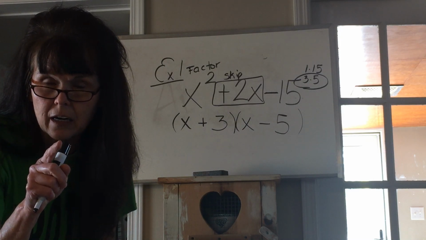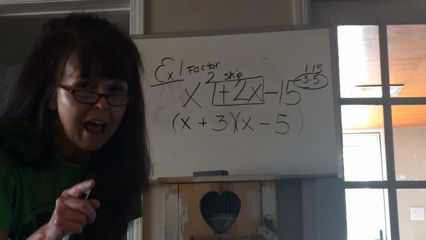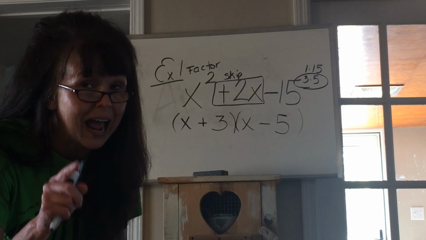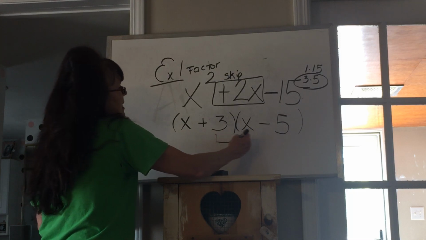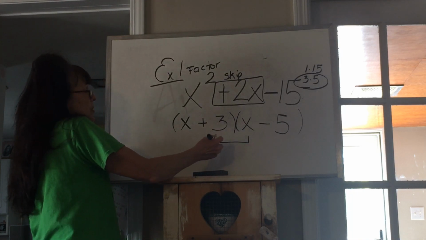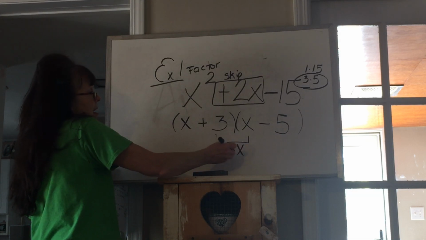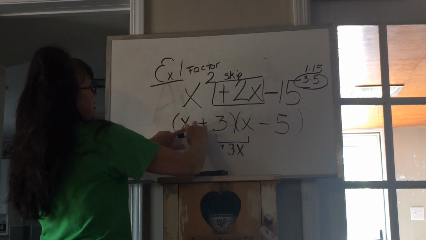How do you check it? Half of FOIL. Which half of FOIL? Inside and outside. So here we go. What is the inside? Positive 3x. So we're going to write that down. Positive 3x. What do you get on the outside?